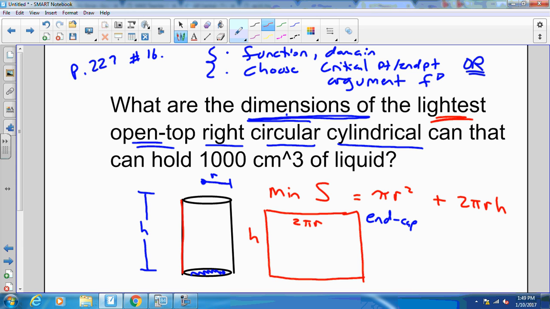I have a function, but I also have two variables in my function, h and r, so I need an additional condition in order to constrain the h and the r. What is that additional condition? That's right.